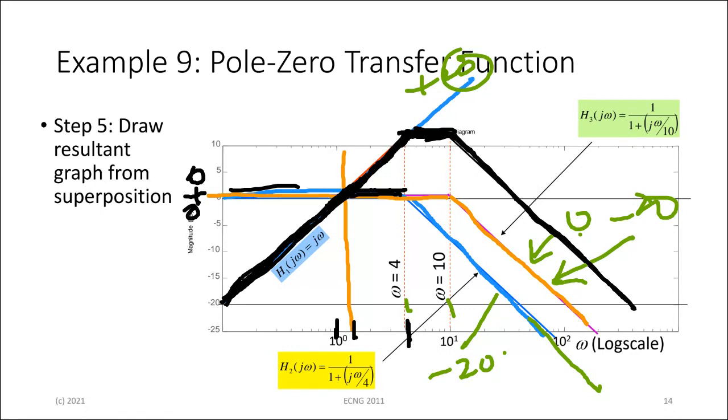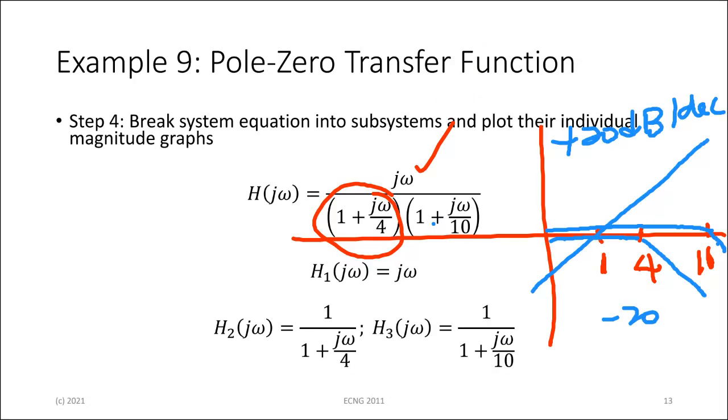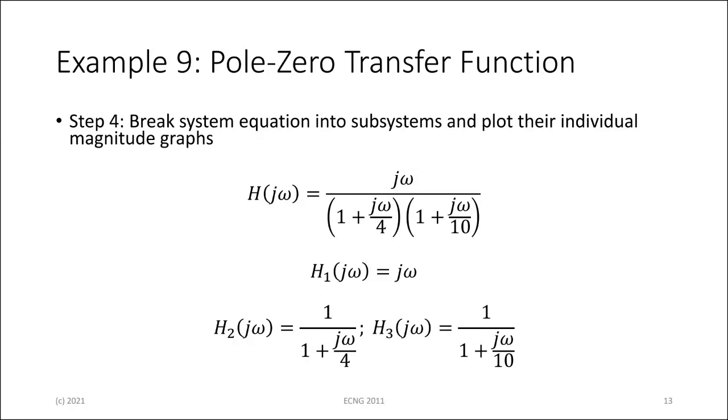You take the transfer function and you break it up into each of its components. So each of the components, as we went back here, right? So you have the transfer function, the 0, one simple pole, one simple pole.